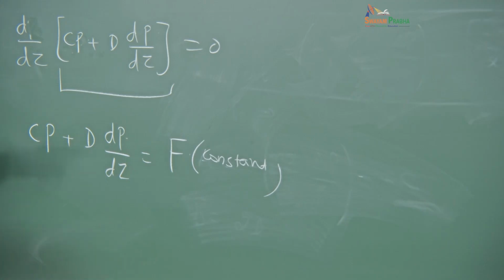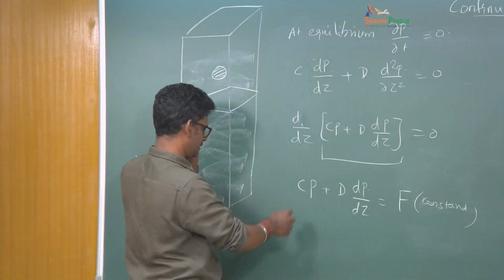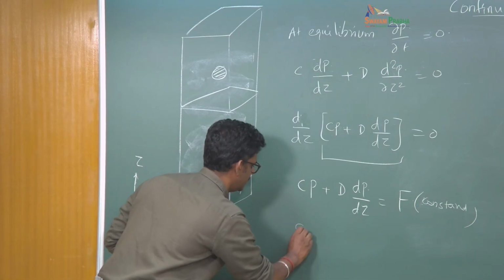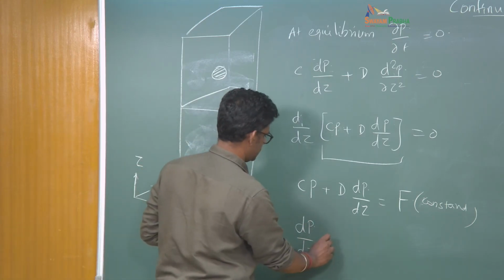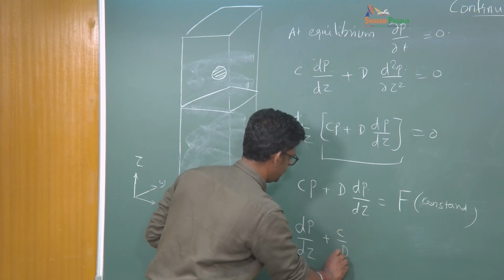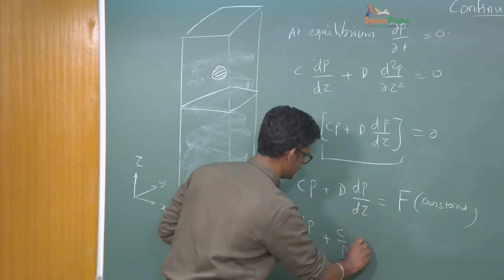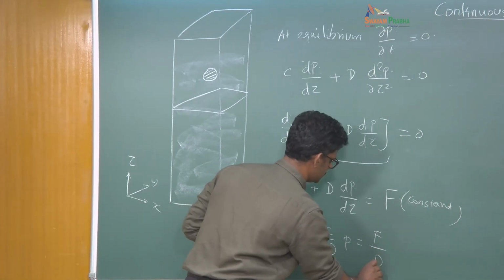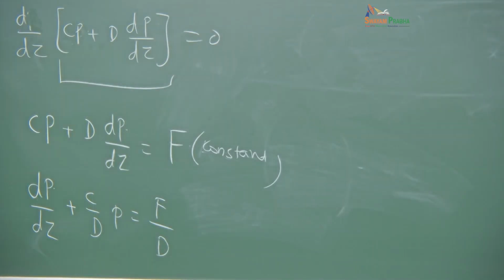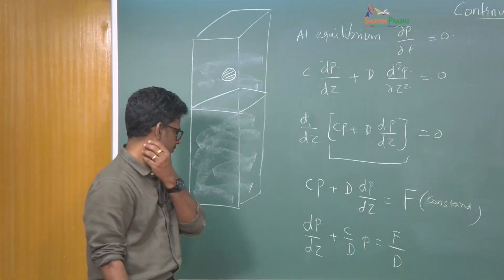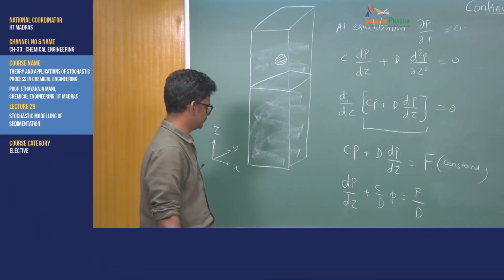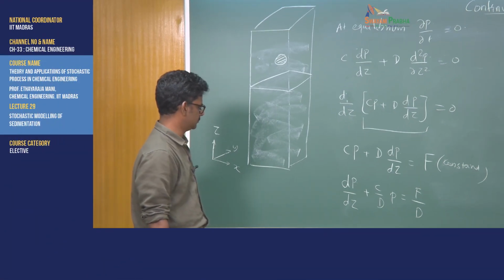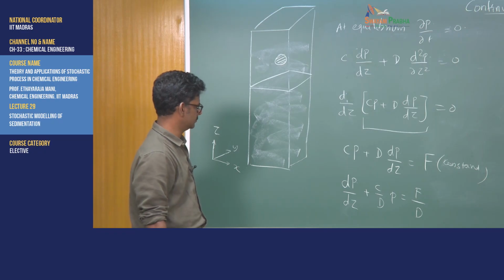So with this, we can solve this. We get dP/dz plus C/D P equals F/D.